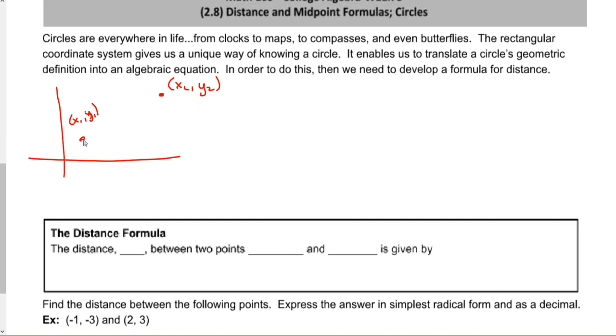And what I want to develop is the distance between those 2 points. How far is it from here to here? Now, in a one-dimensional sense, that's not too bad. But when we start moving things diagonally to find this distance, d, we are going to be looking at a more complex formula.